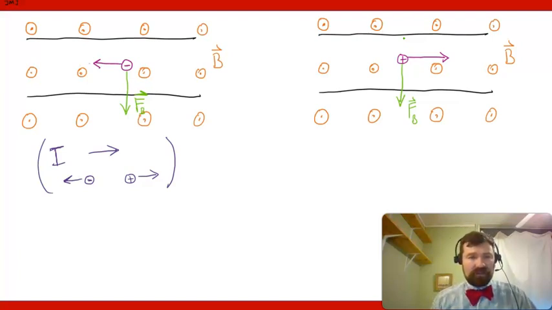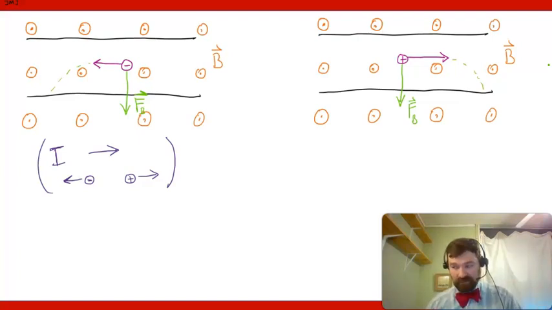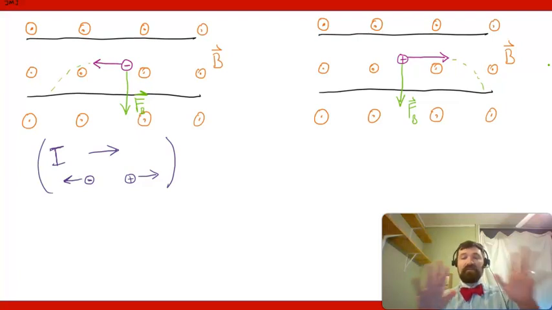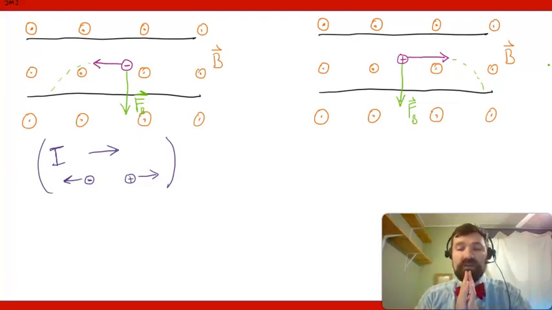That means that both moving negative charges and moving positive charges will tend, in this scenario of a current that is from left to right and a magnetic field pointing out of the page at you, to accumulate at the bottom of this wire as opposed to at the top.